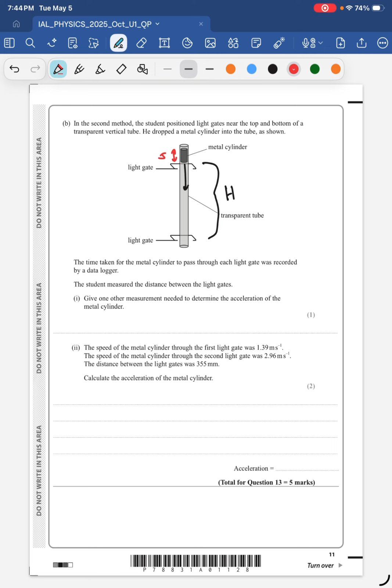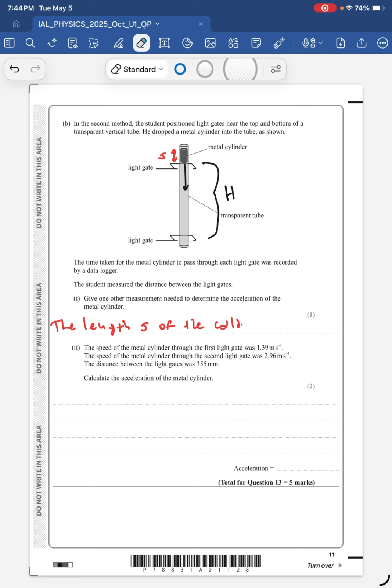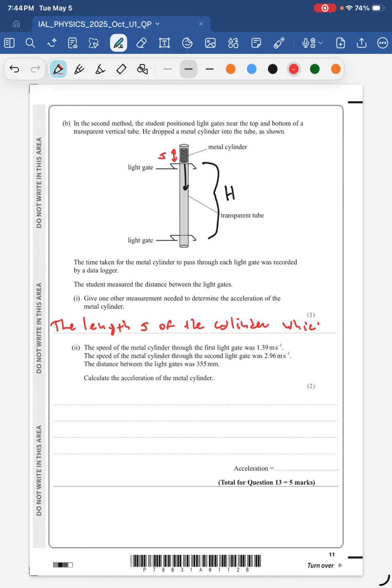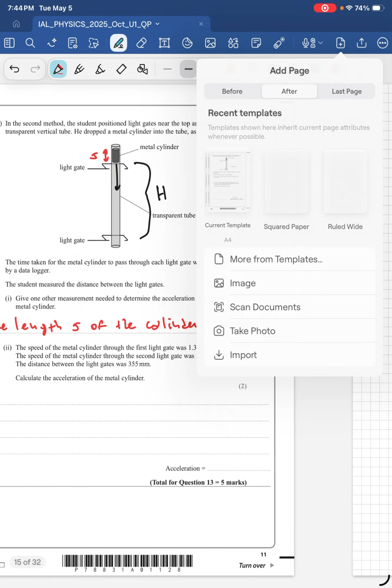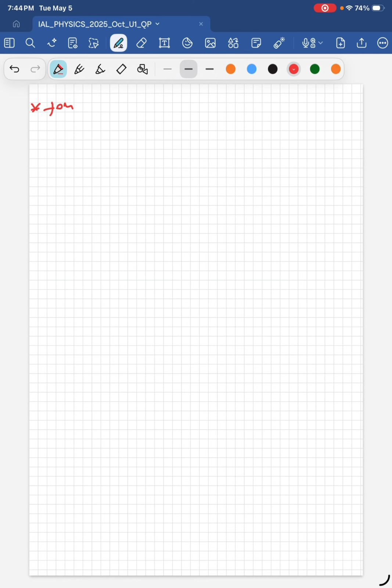So you need this, let's call it S, the length S of the cylinder, which you need to determine VI and VF, the initial and final velocity, or you can call them U and V if you want.